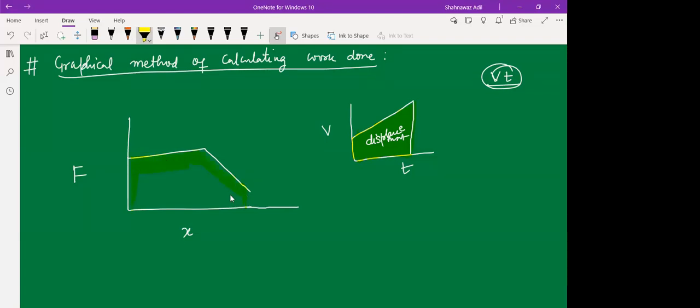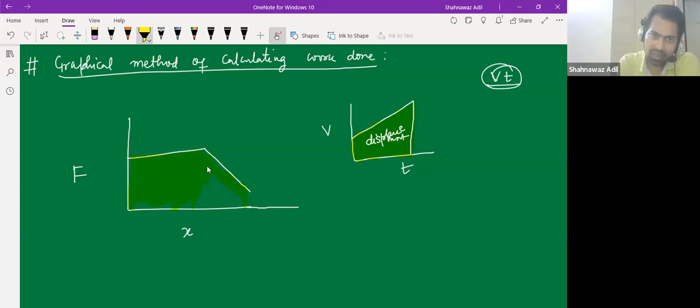Work done. Good. So the area under the force and displacement graph gives you work. We will talk about this in the next class. No need to note it down, I will start from here again.